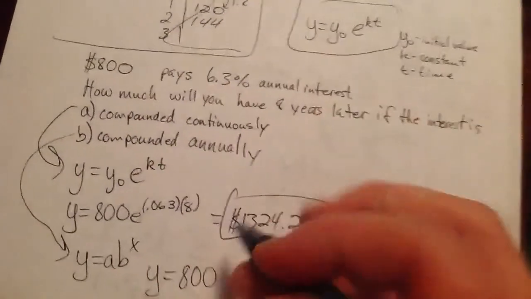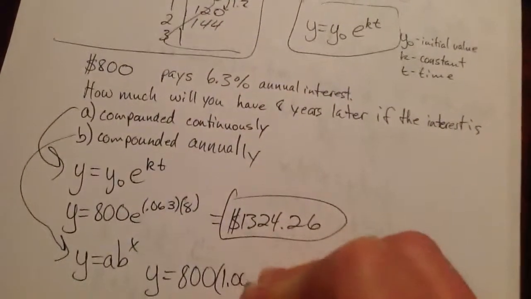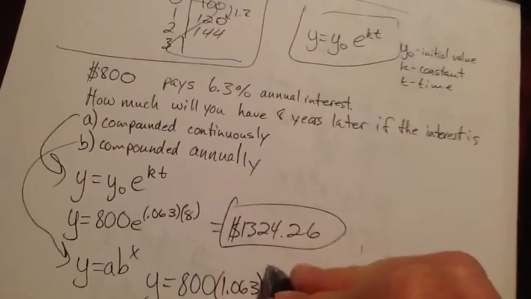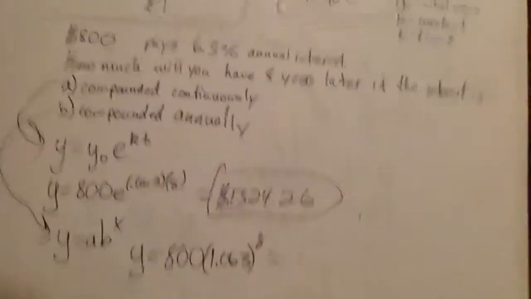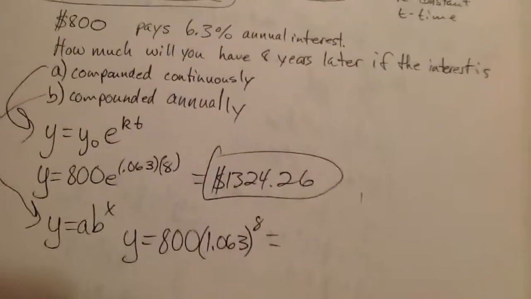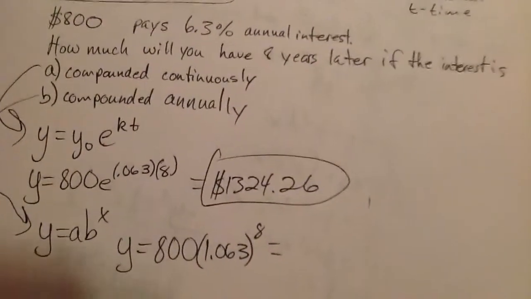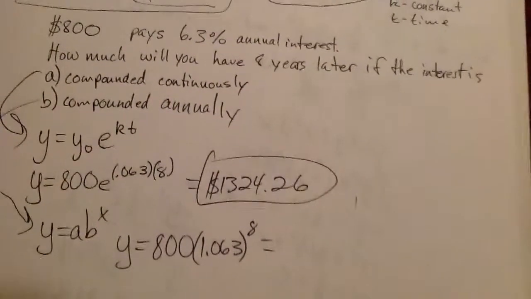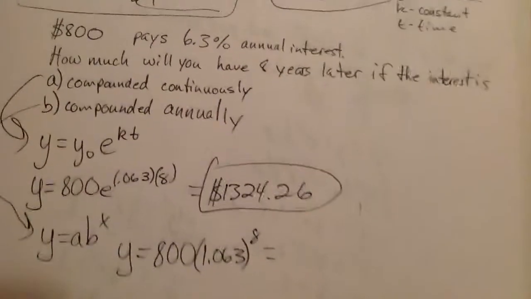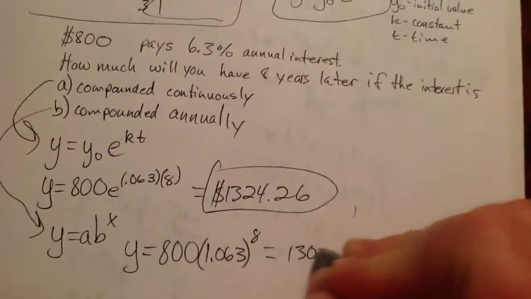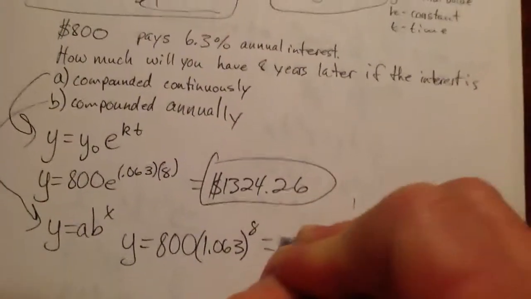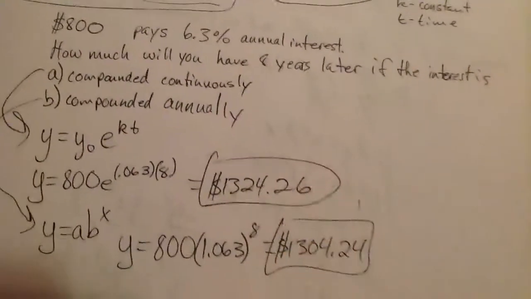B would be our multiplier, so remember, we would do 1.063 because there was an increase, and to the 8th power, and that's all you would have to do for that. And you would get 800 times 1.063 to the 8th, $1,304.24. So not as much.